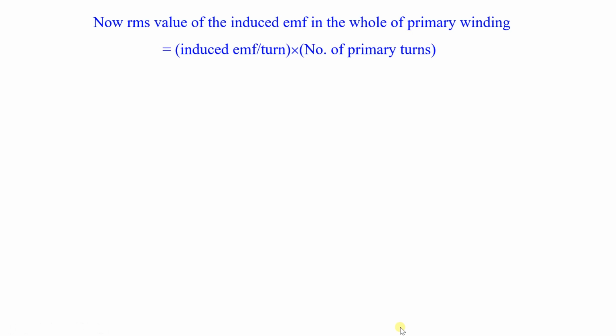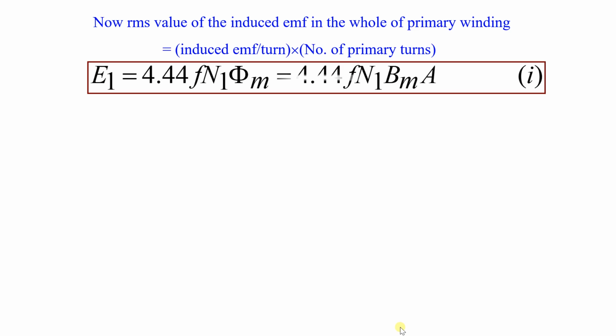Now the RMS value of the induced EMF in the whole of the primary winding. When we are talking about the EMF value on the primary side, it is equal to the induced EMF per turn into the number of primary windings. So it will become E1 is equal to 4.44 f N1 phi m, where N1 is the primary turns and phi m is the maximum flux. And we can replace this phi m by Bm into A, where Bm is the flux density and A is the area.